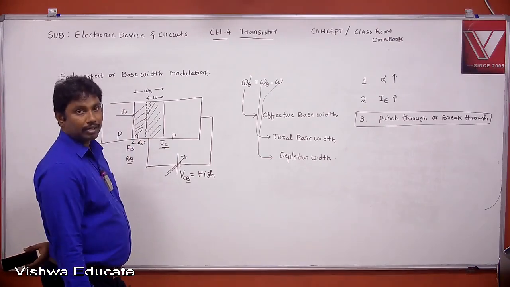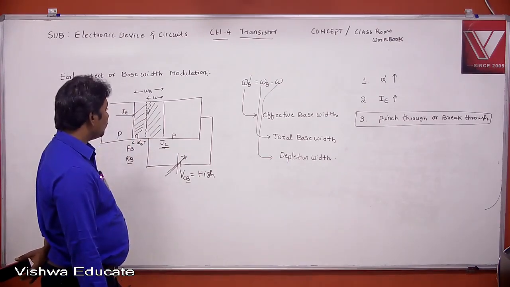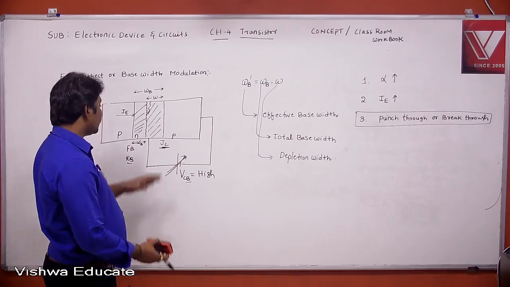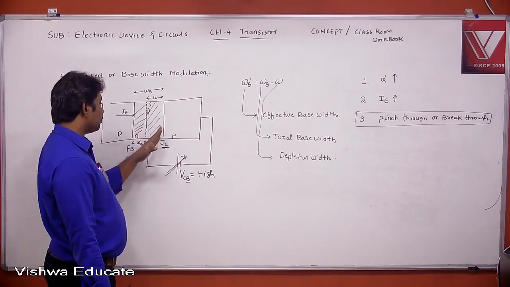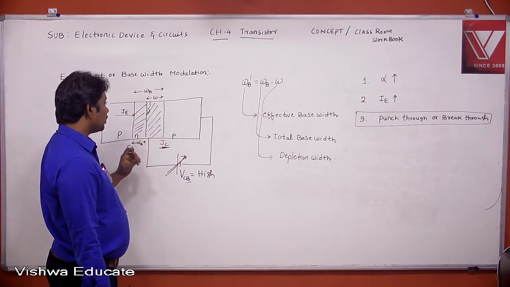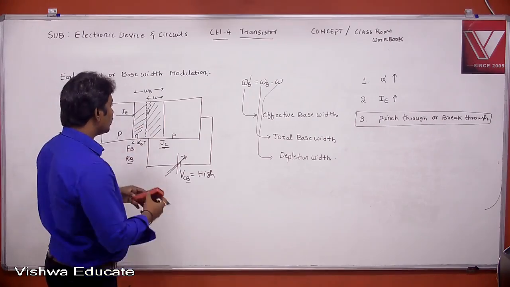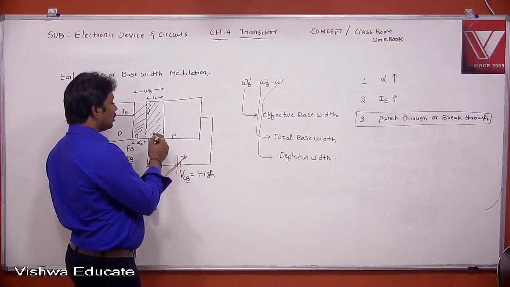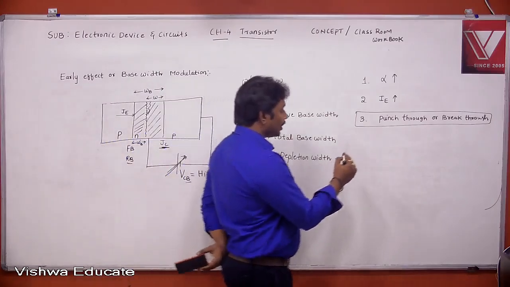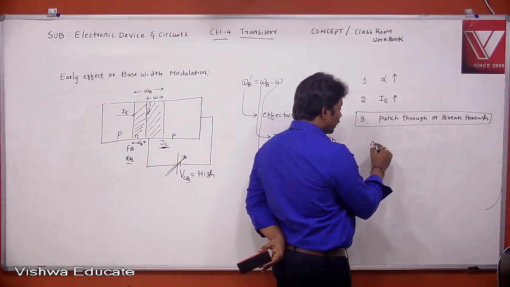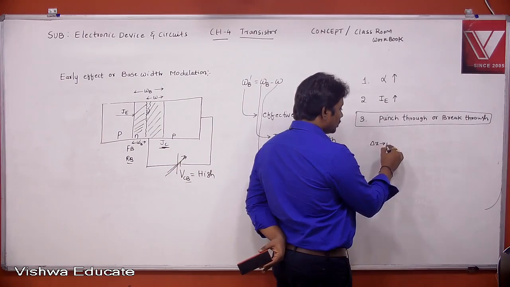The depletion region fully occupies the base. Depletion region fully occupying the base means what about the effective base width? The effective base width is almost zero.